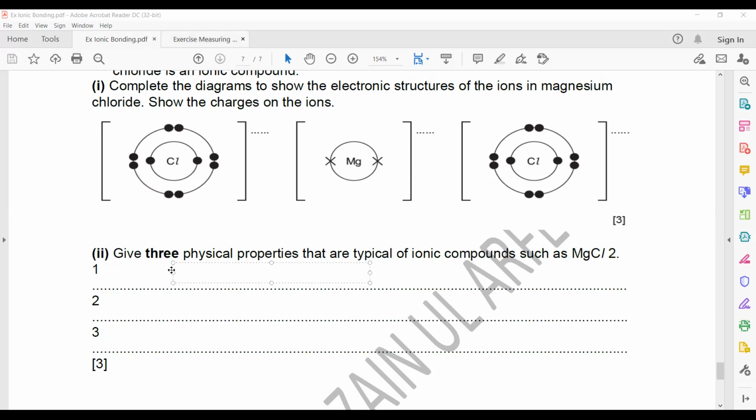So three physical properties: having a high melting or boiling point, that's one. The second one, conducts electricity, but you have to specify in what state it can conduct electricity, in molten or aqueous state.